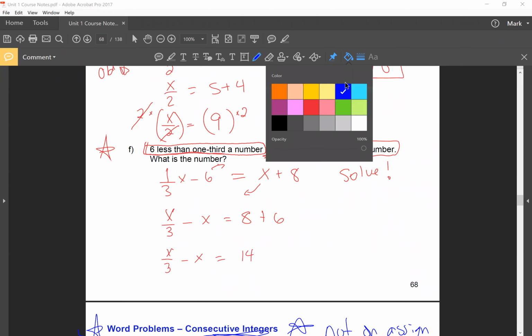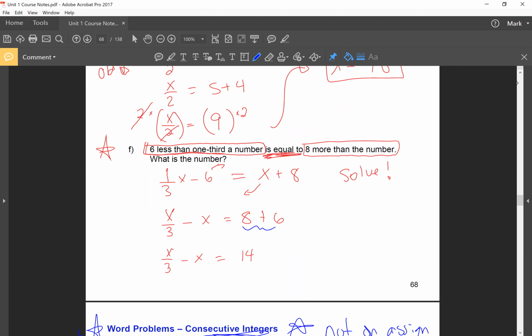Now let's multiply everything by 3. I just grouped this together. So I'm going to multiply this guy by 3, this guy by 3, and this guy by 3. And the reason I do that is to get the 3's to cancel. Again, anybody who's missed class, we've already done this.